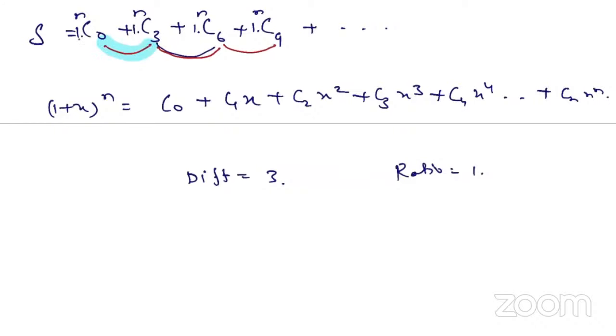and the number multiplied with this, if nothing is there, so 1 is multiplying, so ratio is 1. Maybe plus 1 minus 1 plus 1 minus 1 ये चलता जा रहा हो, so that's written in this form, right?